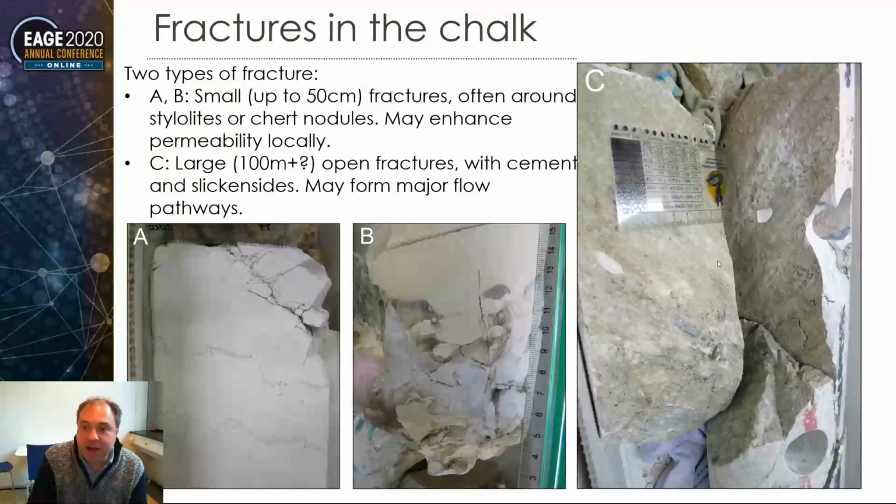We also see a few much larger fractures, often open, maybe cemented or with slicken sides, and these are thought to form large shear fractures that may be hundreds of metres in size and probably form major flow pathways.